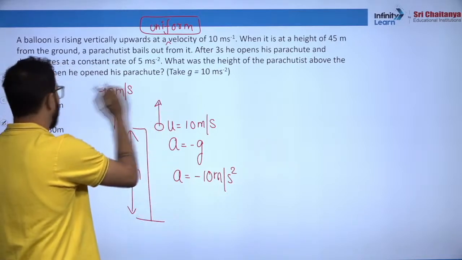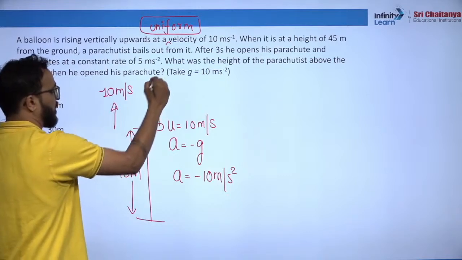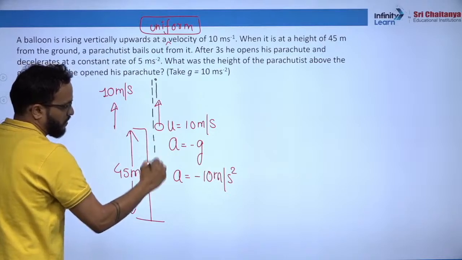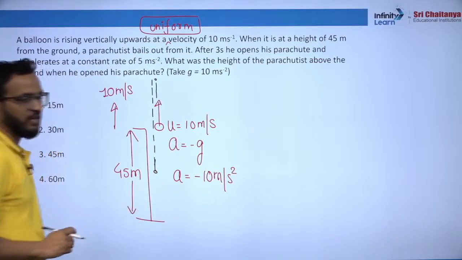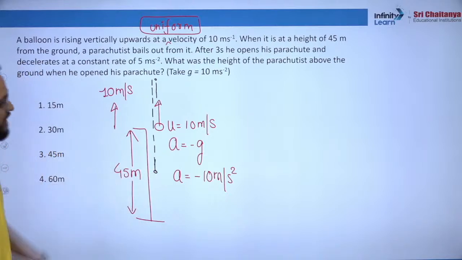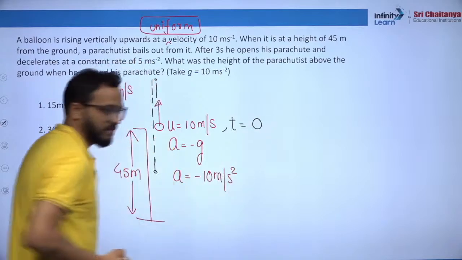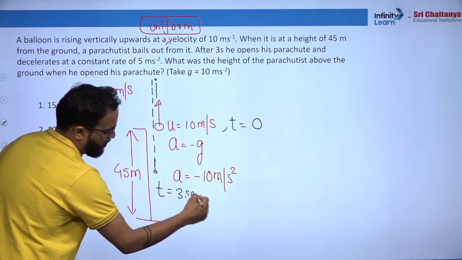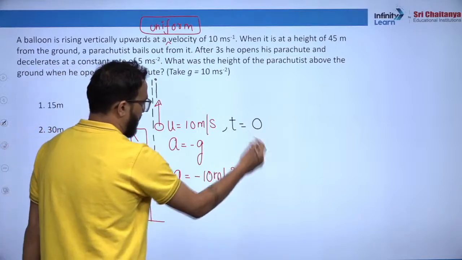This person is going to go up to a certain point, its velocity will become 0 and it will come down. After 3 seconds, when he is coming down, at some point he opens up his parachute. So let's say this time is 0 seconds, and at T equals 3 seconds he opens up his parachute. So he is at what height from the ground?